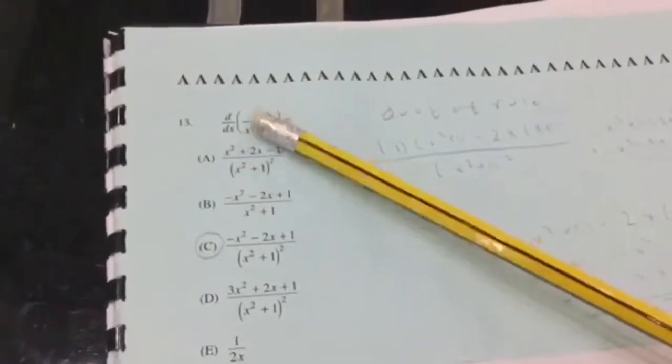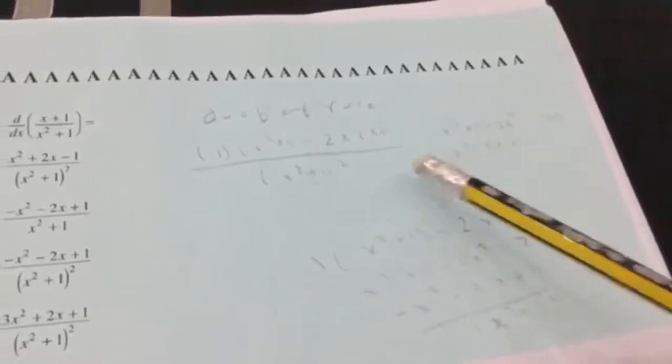So the derivative of x plus 1 is 1 multiplied by this one, minus the derivative of this one, which is 2x, multiplied by the upper one, over x squared plus 1 all squared. So here we will get x squared plus 1 minus 2x squared minus 2x.